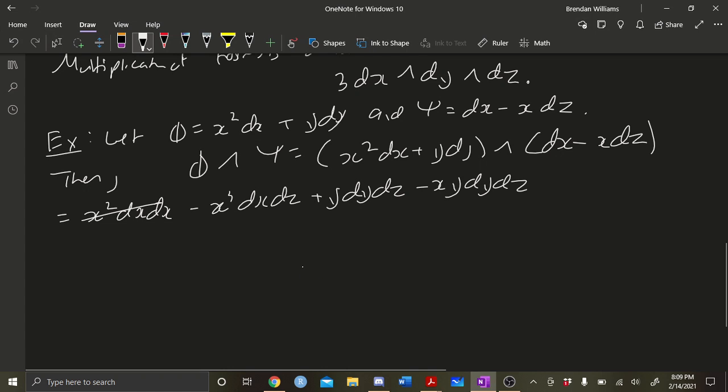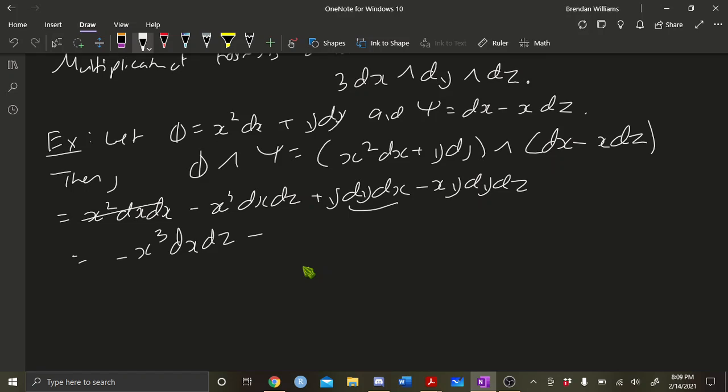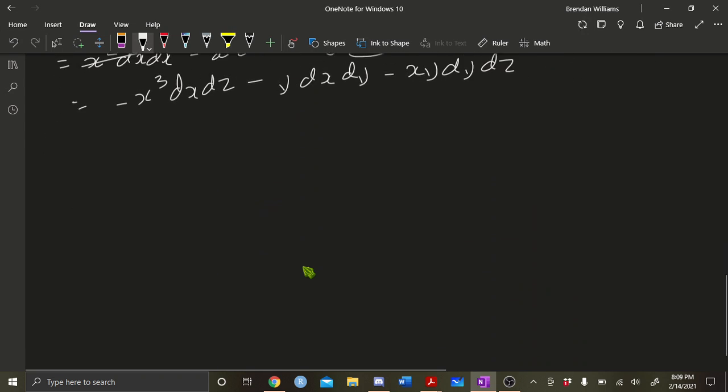Oh, sorry, I made a mistake here. It should be dy dx here. Anyways, this is equal to negative x cubed dx dz minus, because we're flipping these two, y dx dy minus xy dy dz.